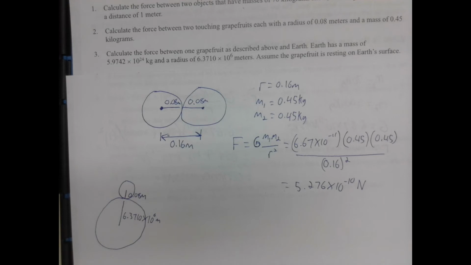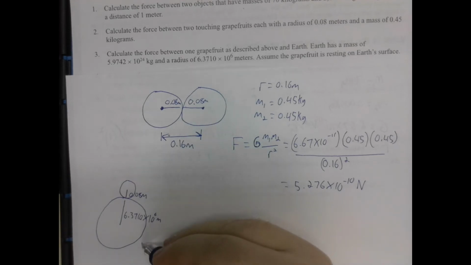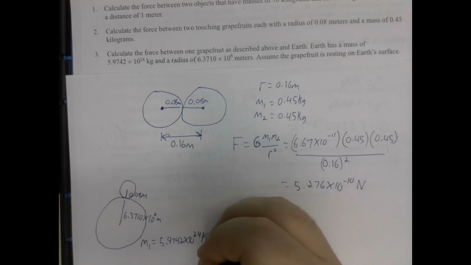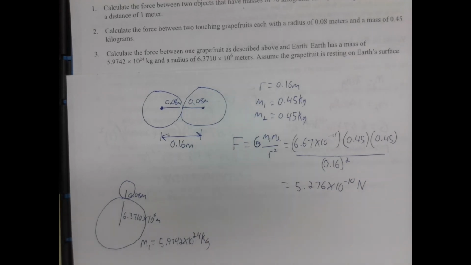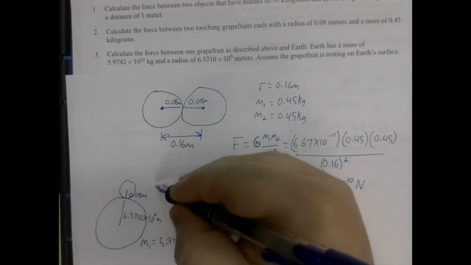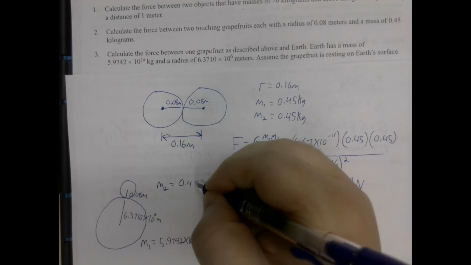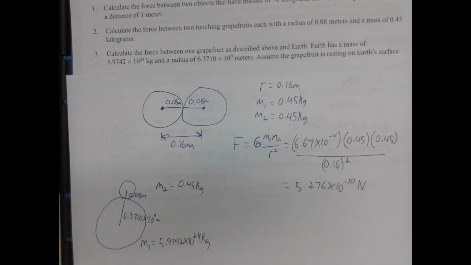Earth's mass, I'll let Earth's mass be M1. M1 would be 5.9742 times 10 to the 24 kilograms. Earth is very massive. I'll let the grapefruit's mass, which is 0.45 kilograms, be M2.